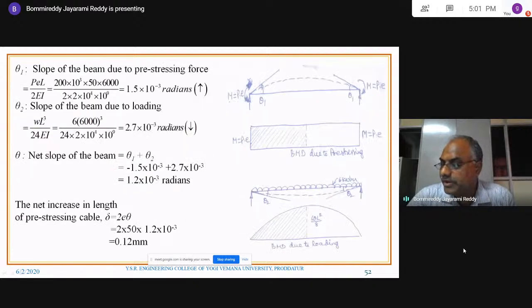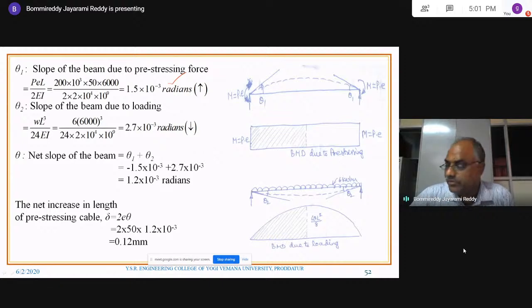The moment acting here will be P into E. When a moment is acting, what is the slope? Slope is ML by EI, here ML by 2EI, where M is PE. This is the slope. And another one is because of the loading.